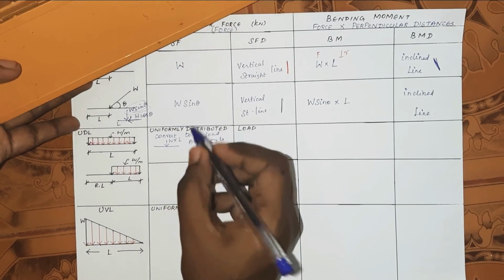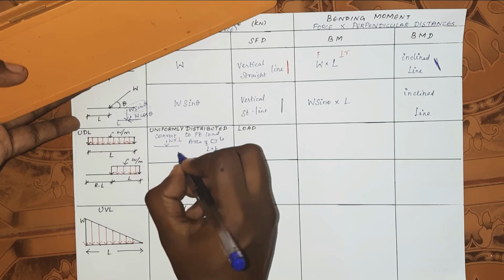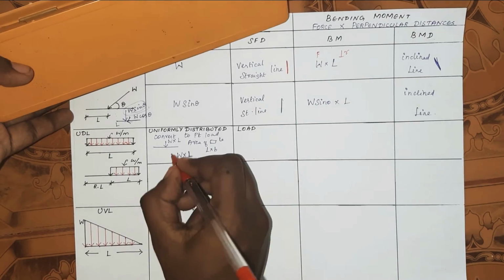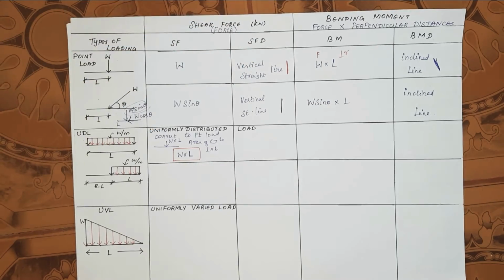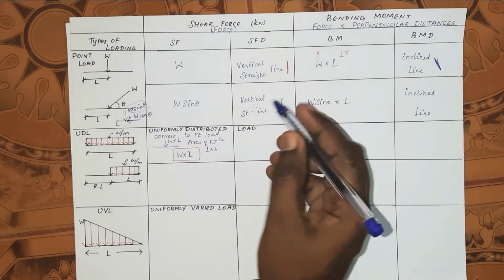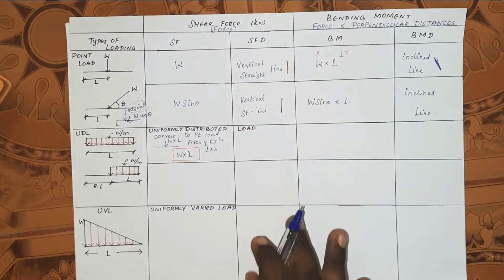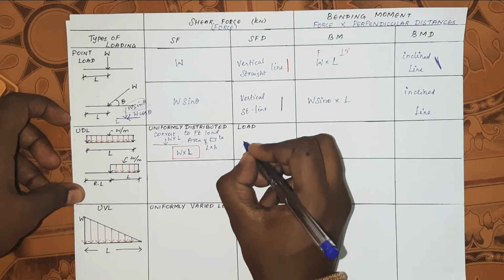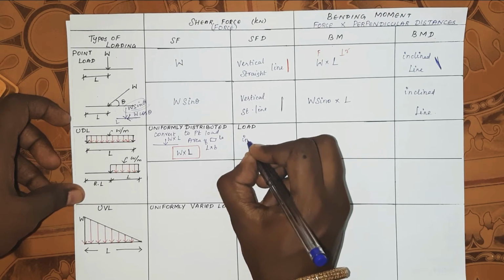The shear force value is W into L. Next, for the shear force diagram, the UDL will be indicated as an inclined line.